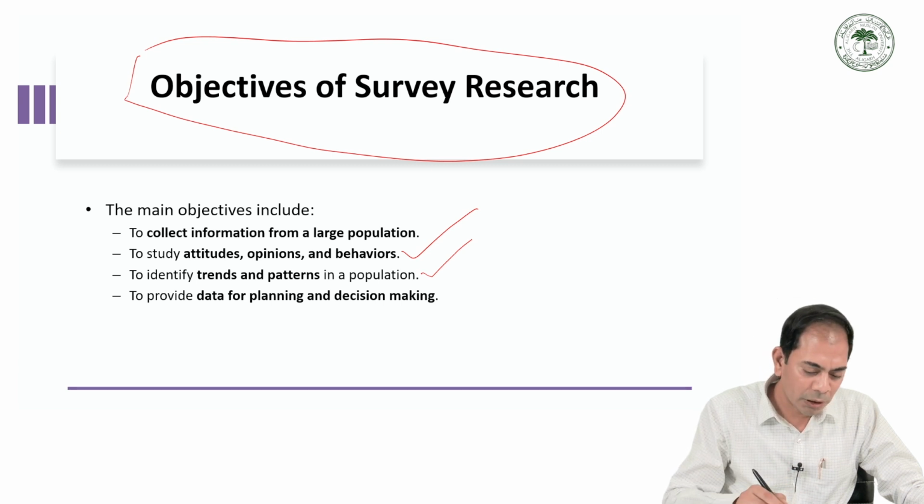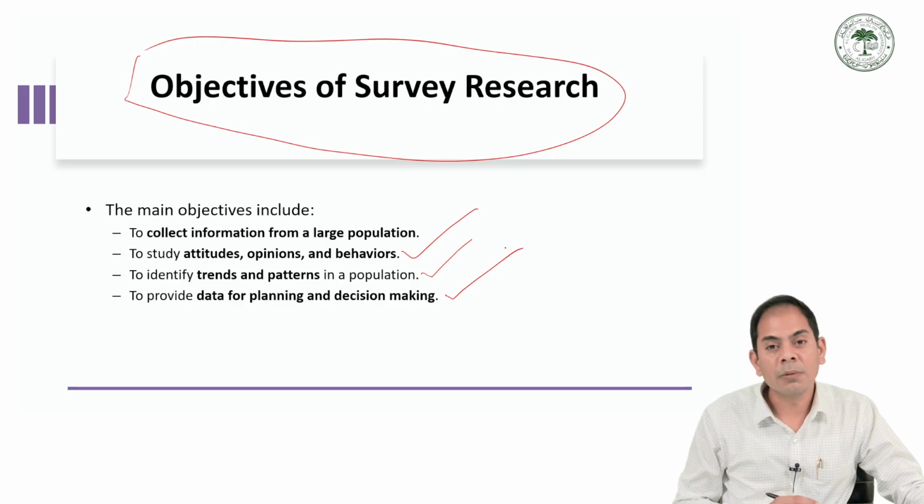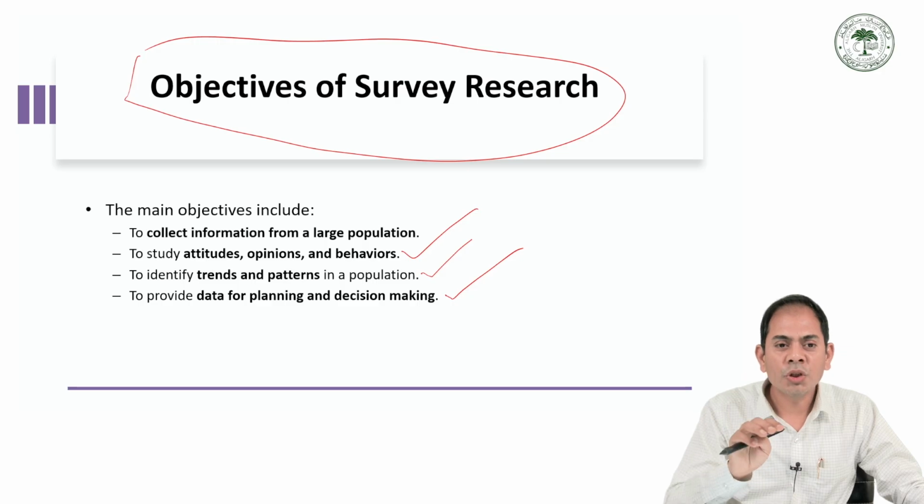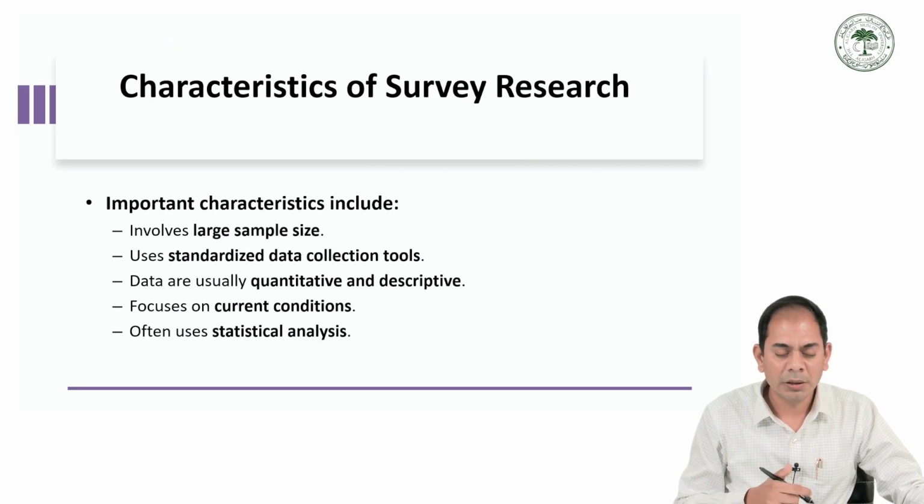Next important objective is to provide data for planning and decision making. We collect the information with the help of survey research, and this data is used especially for future planning and for making any kind of decision about the population, about the area, or about sports and participation. So these are the main objectives of survey research.